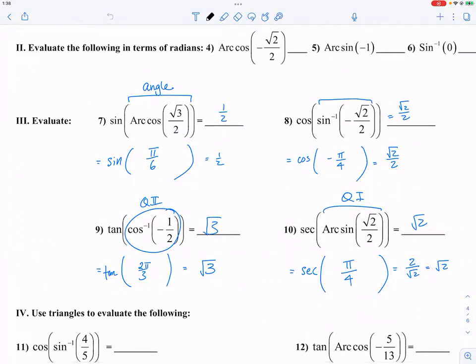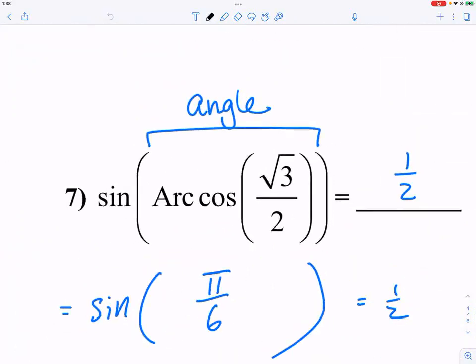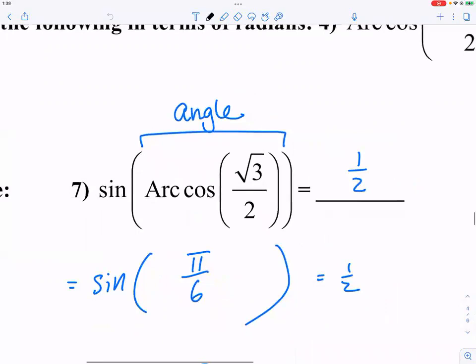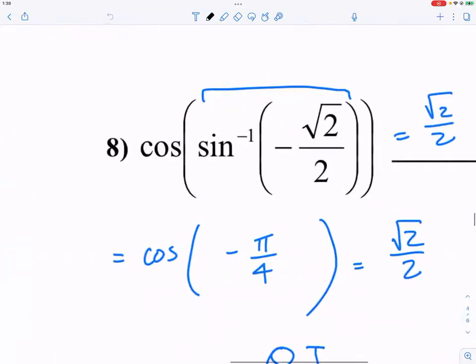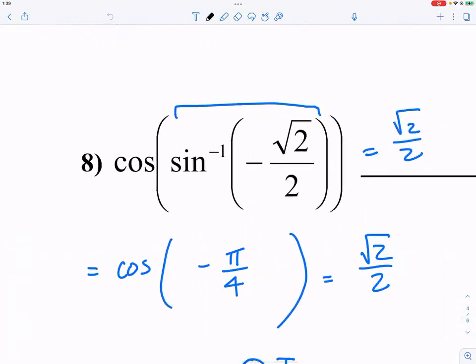Now, it's very important that you know these fractions that you're reading inside the inverse trig function. These are ratios, so the inverse trig function of a ratio gives you an angle. If it's a positive ratio, then it's going to be a quadrant 1 angle, so nothing to worry about. You only need to worry if you see a negative, because that tells you it's not quadrant 1, so you need to know your restriction so that you can tell your quadrant.